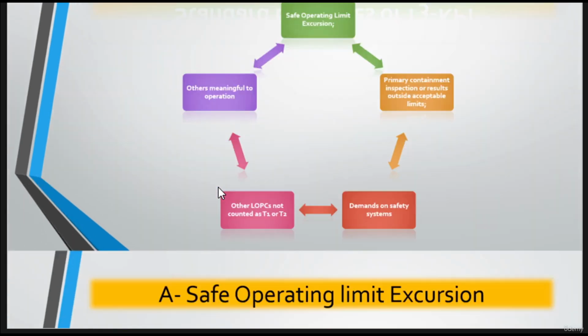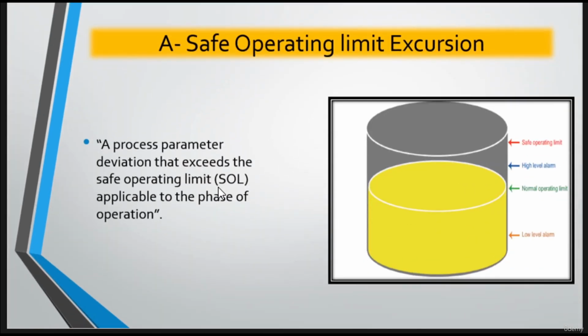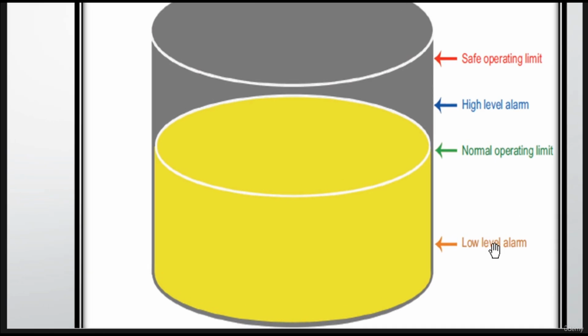What about the safe operating limit excursion? The safe operating limit excursion is defined to be a process parameter deviation that exceeds the safe operating limit applicable to the phase of operation. Okay, so here, if we take this example, we have this tank. It has a high level alarm. Let me just zoom it in for more detail. You have here the high level alarm and the low level alarm, and this is the normal operating limit. As long as the level is swinging between the low level and the high level, you are doing okay.